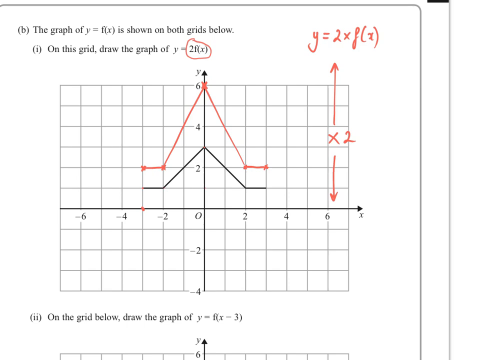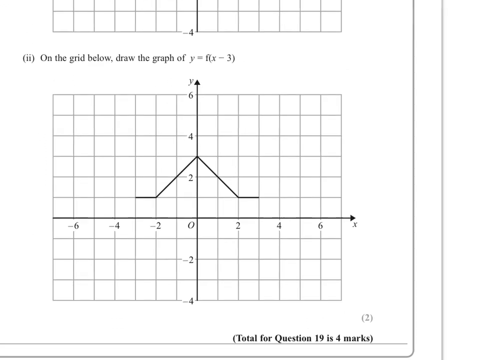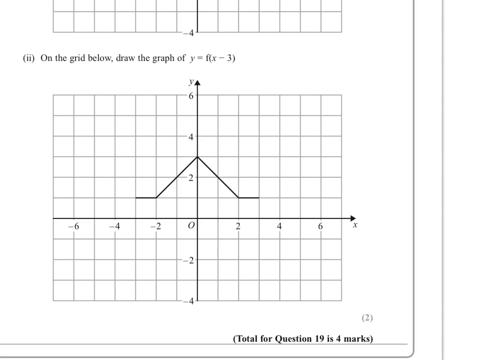Now let's move on to the next part. It says, on the grid below, draw the graph of y equals f of x minus 3. Well, if we had f of x shown, x now must become x minus 3.